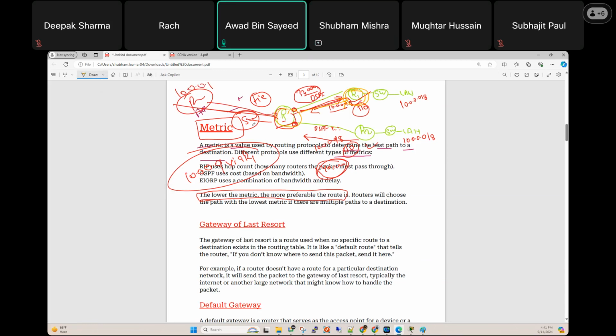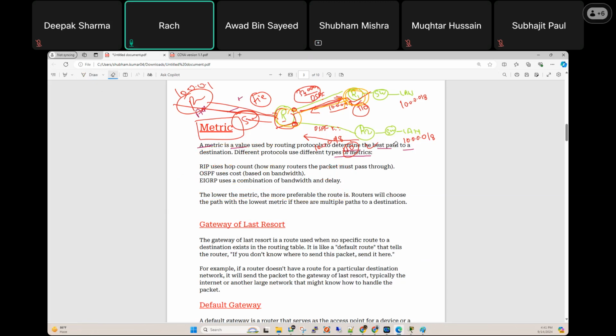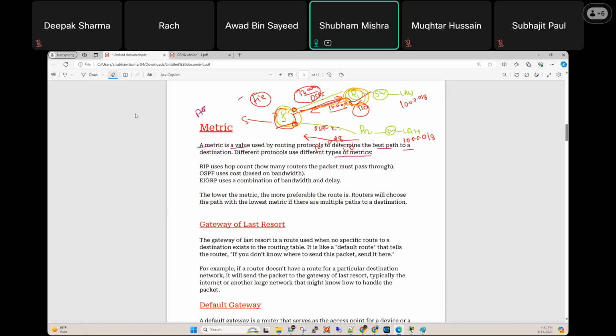Who will provide that metric value, and how will it find out which one has the lesser metric value? See, basically the router calculates the metric value, and this is not fixed first of all. Every routing protocol's method of calculating the metric is very different.